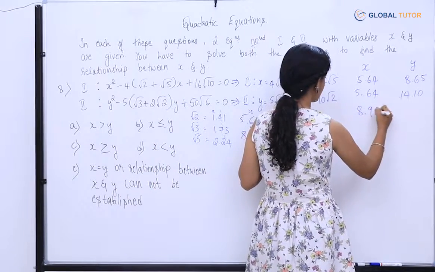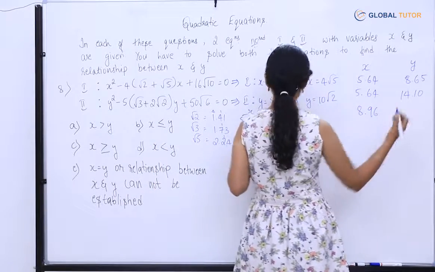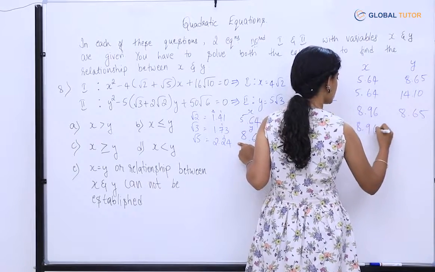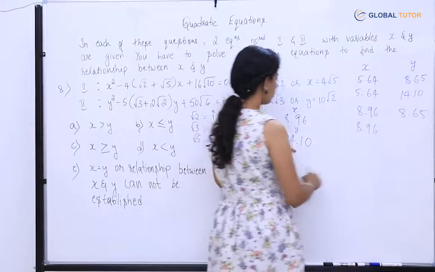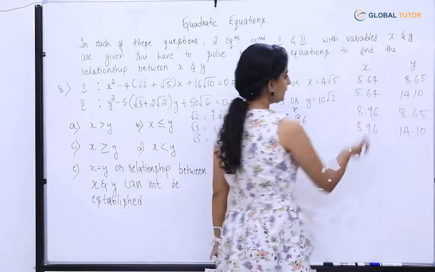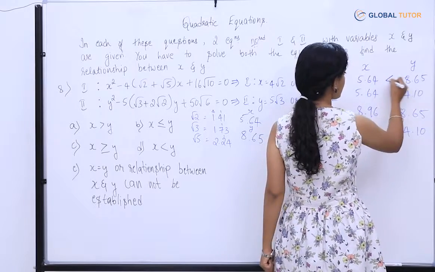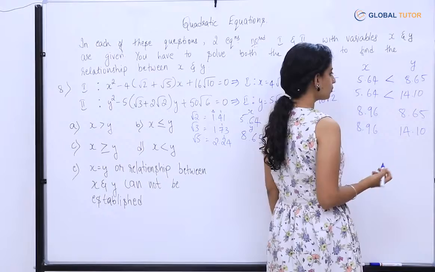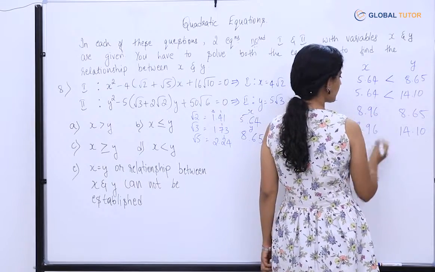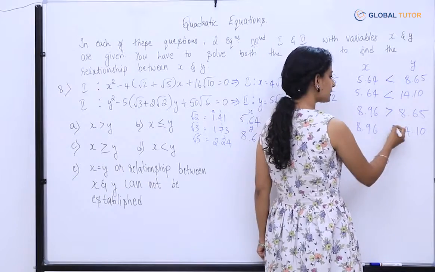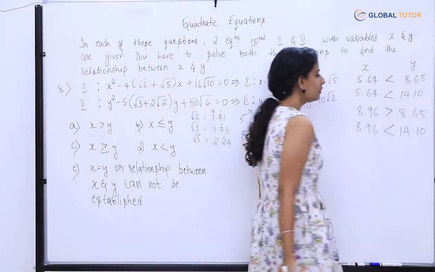So 8.96 has to be compared with 8.65 and the same value 8.96 has to be compared with the second y value, which is 14.10. Here 5.64 is less than 8.65. 5.64 is less than 14.10. 8.96 is greater than 8.65. 8.96 is less than 14.10.